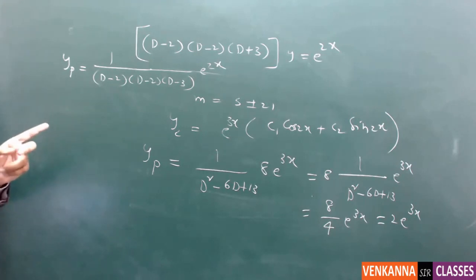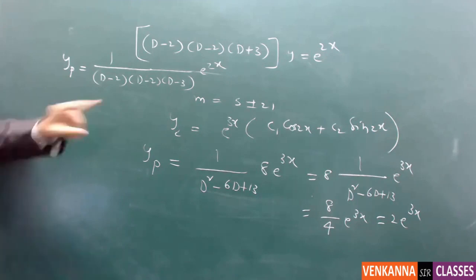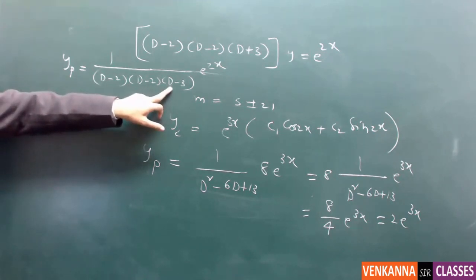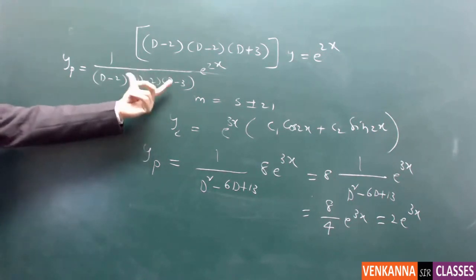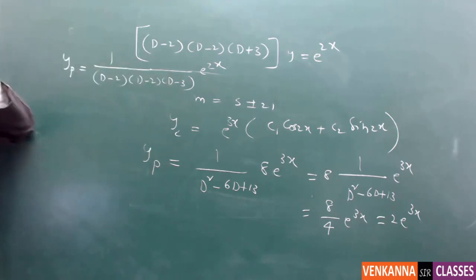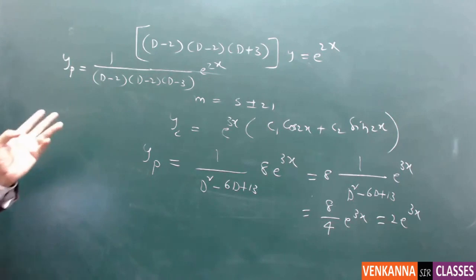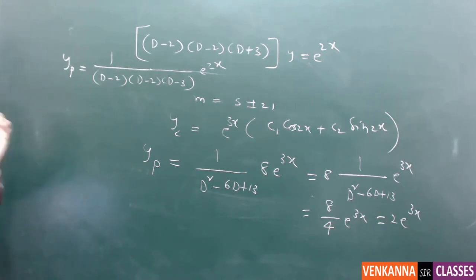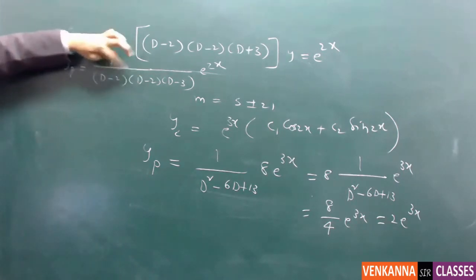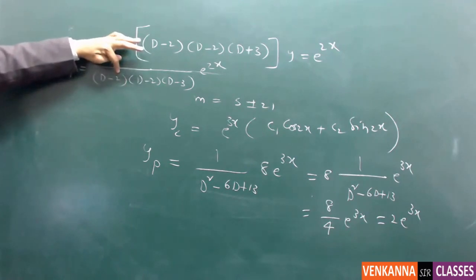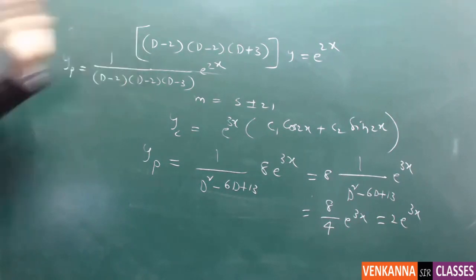Accepted? So what happens after writing the denominator as factors possible, whatever the factors they are, either linear factors or second degree factors, you remove the factors which will give the undefined solution.